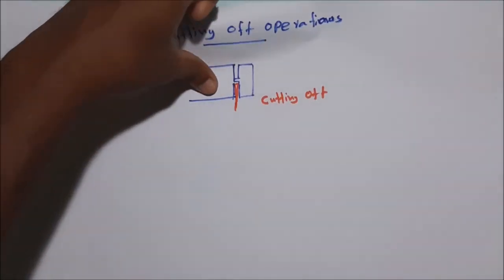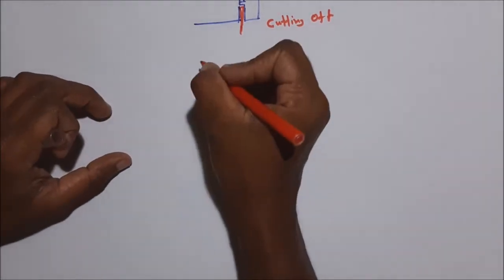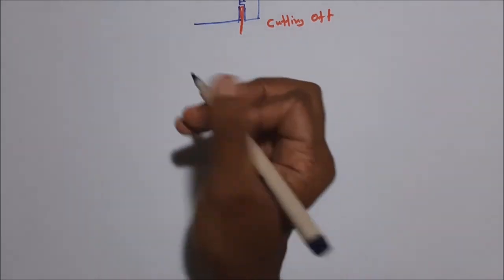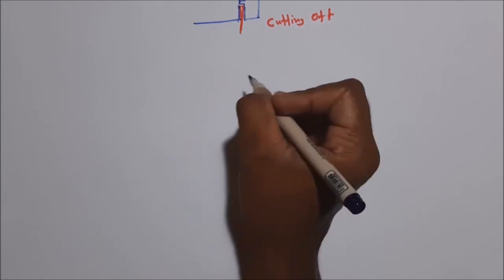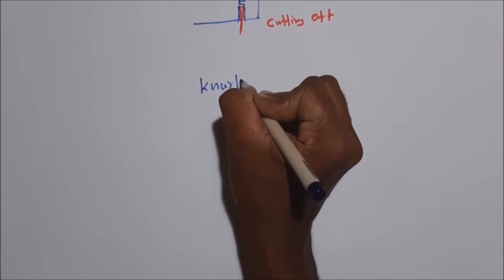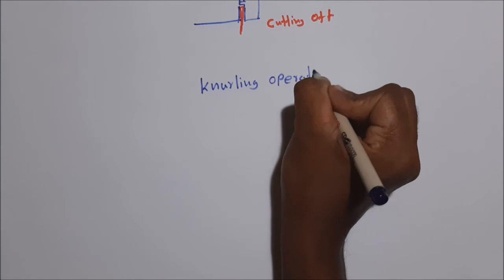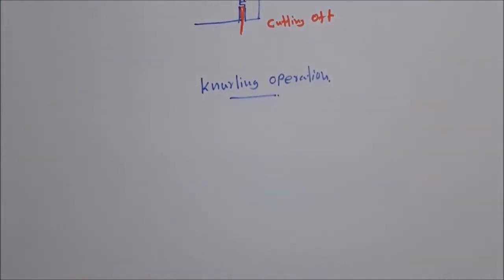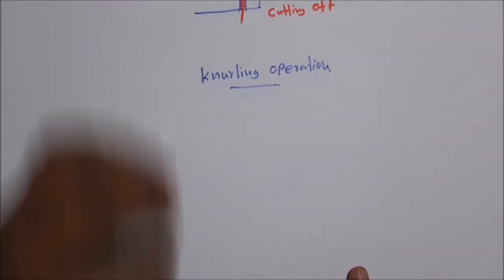Okay, the last operation we are going to discuss is the knurling operation. The knurling operation is used to generate a surface pattern on workpieces.